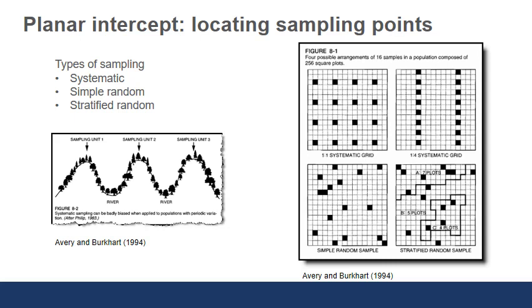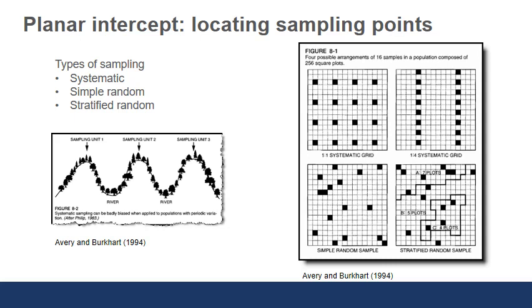In other words, the selection of one point is not influenced by the selection of any other point. This type of sampling design is common and is assumed in many statistical tests. In Figure 8.1, an example of this type of sampling is shown in the lower left grid.